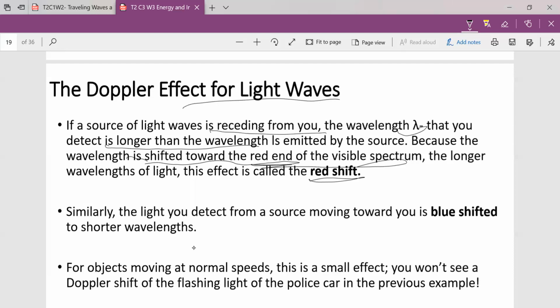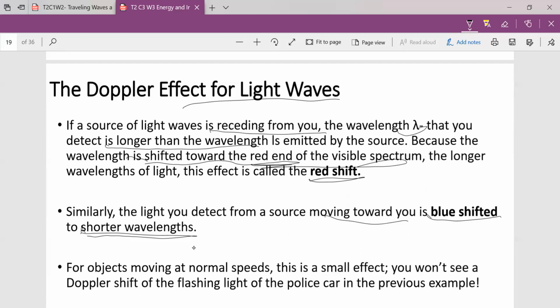But when it is coming towards you, we experience what we call the blue shift. And that is typified by shorter wavelengths. When you picture the diagram you saw earlier, you see short wavelength, and you see the frequency, everything is getting shorter as they come close, but when they recede, it gets larger and bigger.